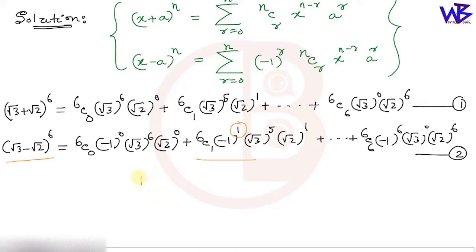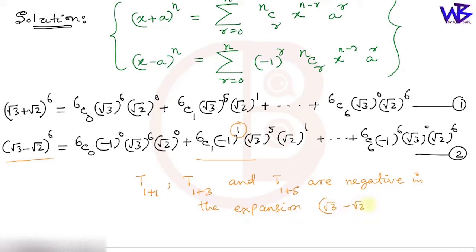So t(1+1), t(1+3) and t(1+5) are negative in the expansion of (√3 − √2)^6.